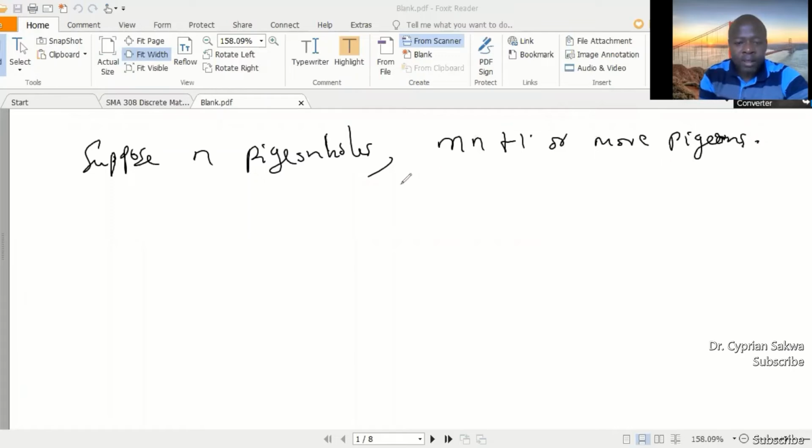And let's think, how will they be occupied here? The pigeons are more than the pigeonholes.